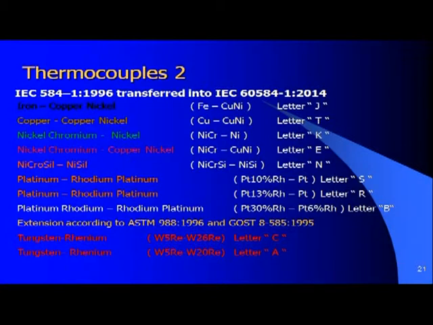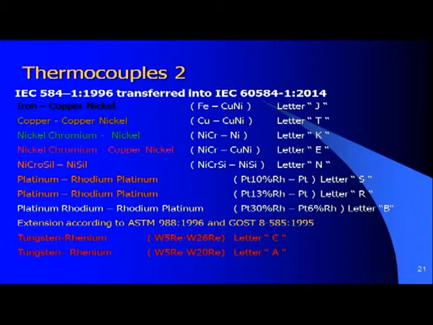There are two major reasons. One reason is before World War II, it was not possible to produce really pure platinum. So the thermocouple named S, a platinum-rhodium against platinum, was characterized in the IPTS from 1927.